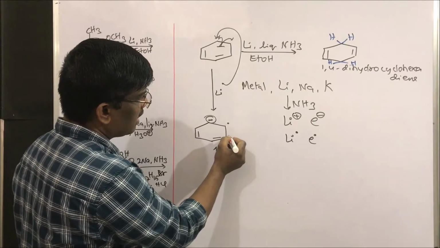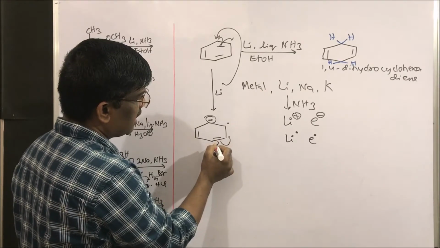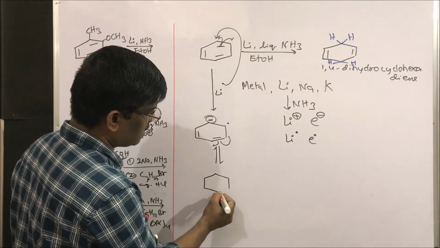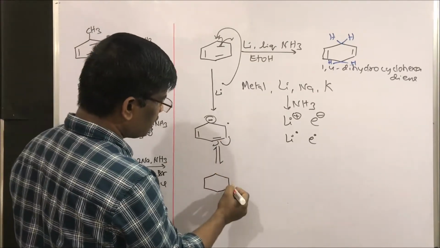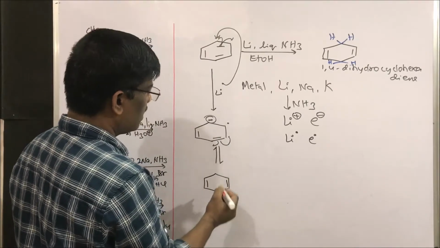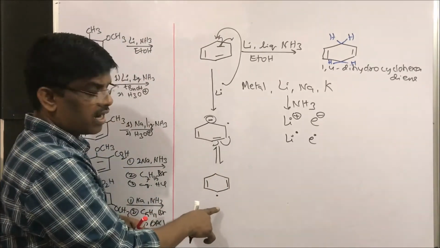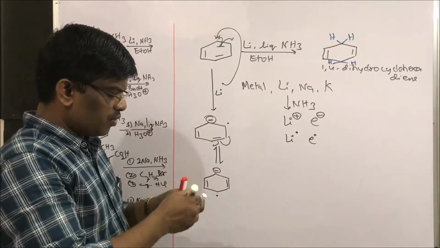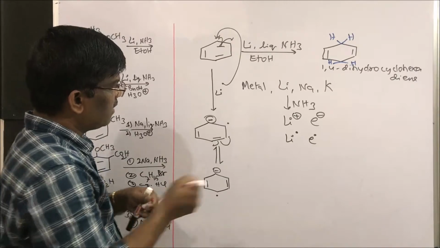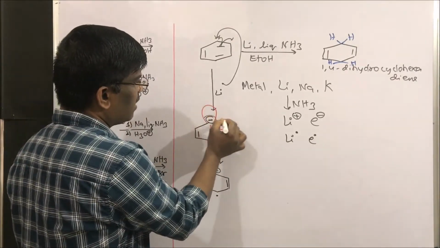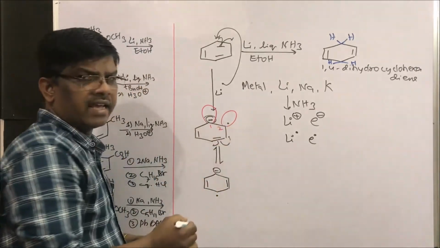I can write the resonance form of this. What is the resonance form? Here a double bond, here a radical, and here an anion. At the 1,2 position, this is 1 and 2, this is anion, this is radical.